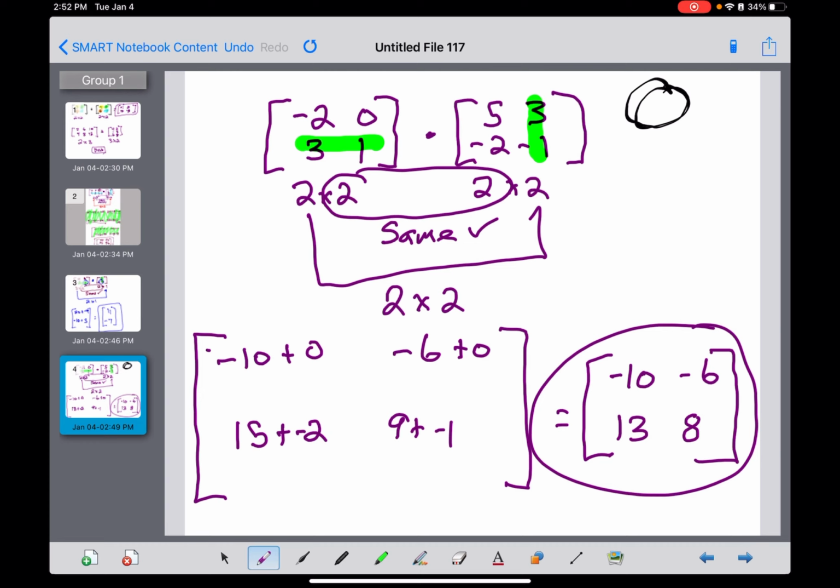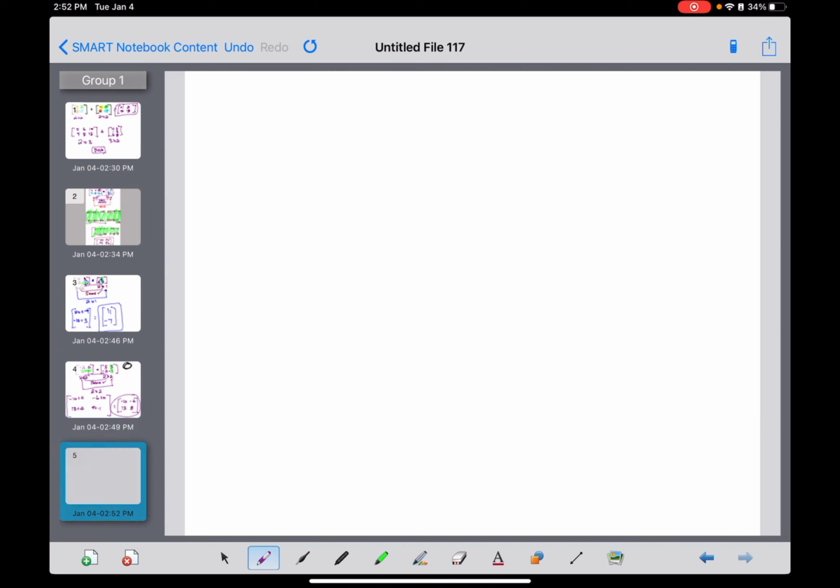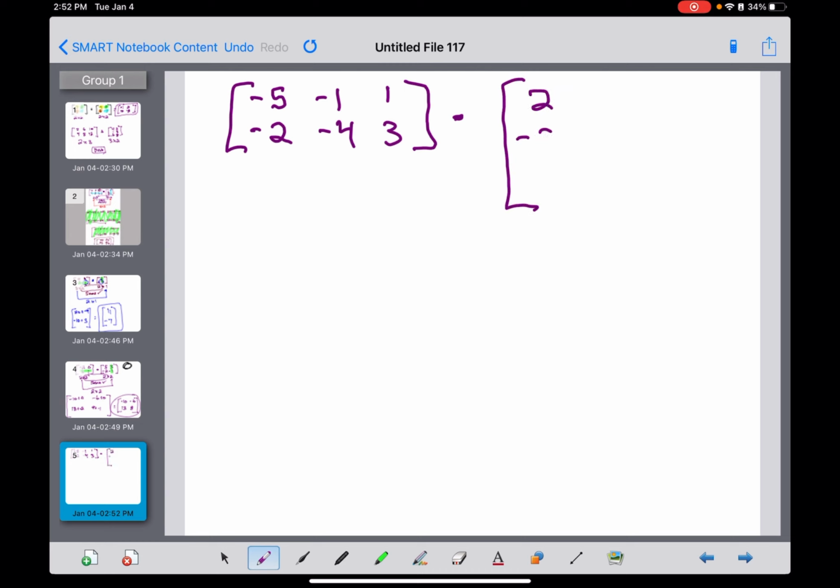Ready to try one? All right, let's try this one. And you make sure you can do it first. You'll be able to do it. -5, -2, -1, -4, 1, and 3 times 2, -2, 0, 5, 0, and 3.